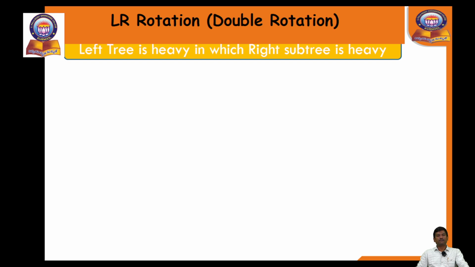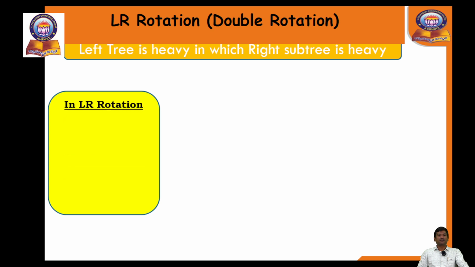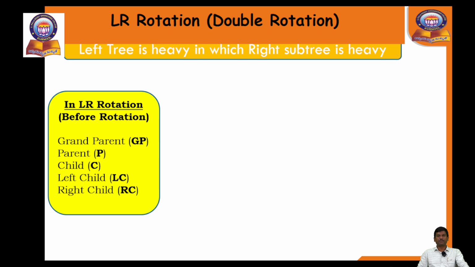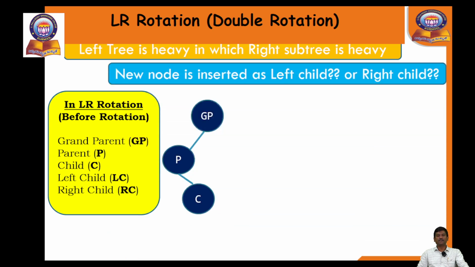So when does this LR rotation have to be performed? When the left tree is heavy, in which the right subtree is heavy. Then you need to perform the LR rotation. Here within your LR rotation, as I've explained, before rotation there is the grandparent, parent, and child. I'll explain with an example. Consider this is a grandparent, this is a parent, and this is the child, and it may have a left child and a right child.